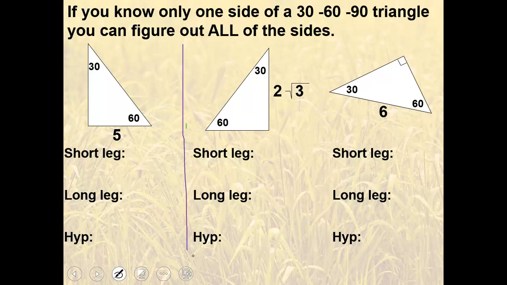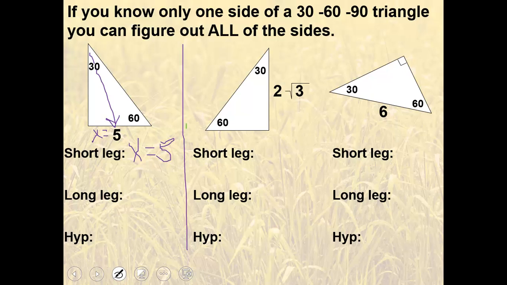In this case, the dimension that we know is across from the 30 degree angle, so it has to be the short side. So that says x has to equal 5. You say, well, why x? Well, that's just a way to keep things straight. X is always our short side, so x has to equal 5.